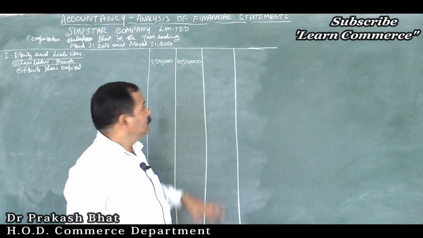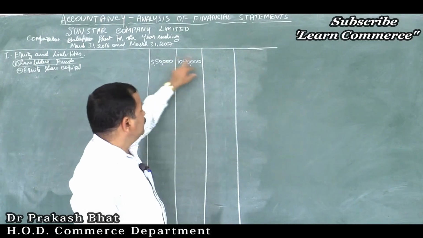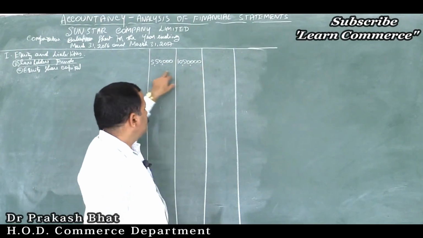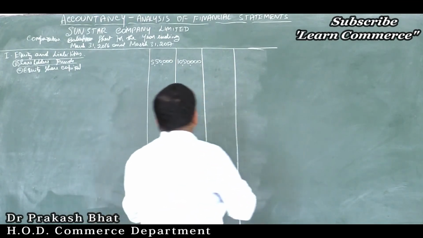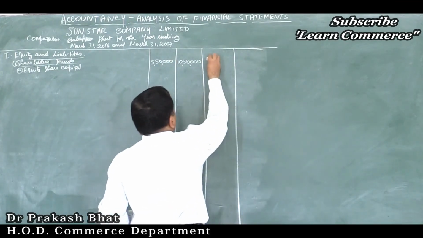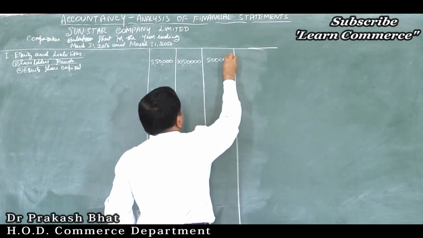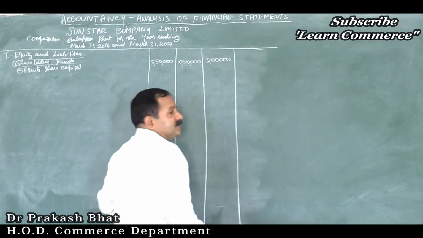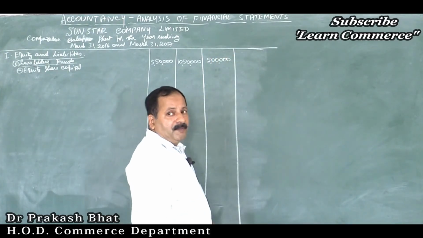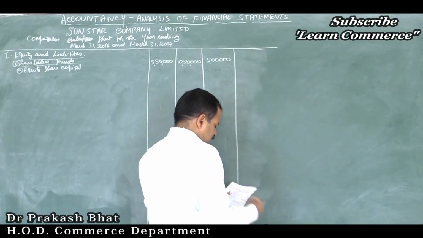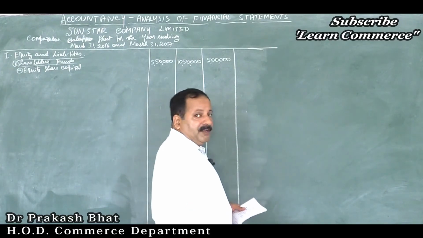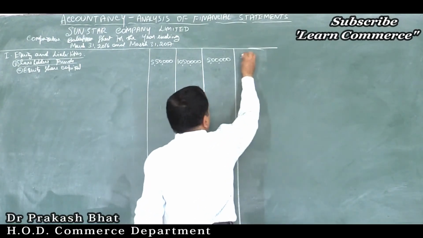That's what you have to do. No need to write plus because nothing is mentioned, it means plus only. If you put the bracket, then it will be minus. 5 lakh, percentage 90.91.